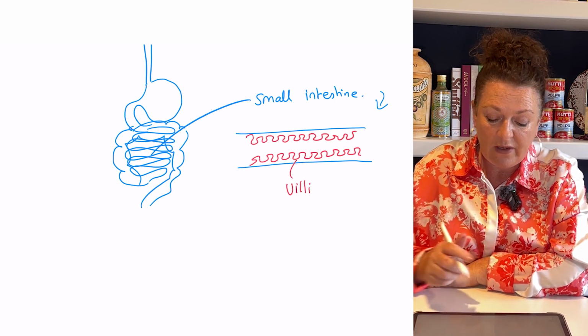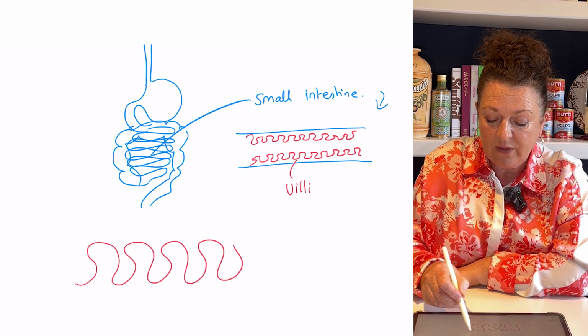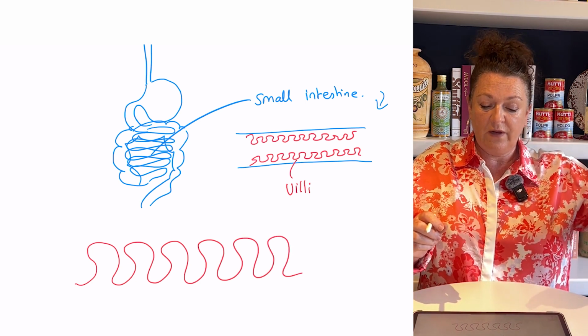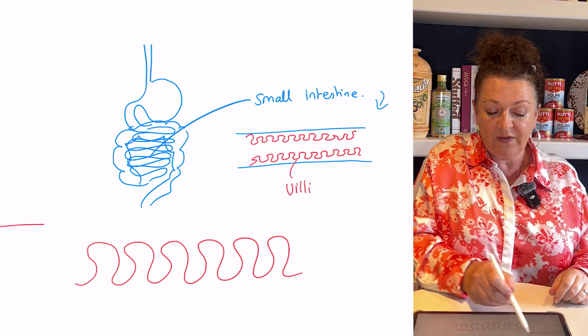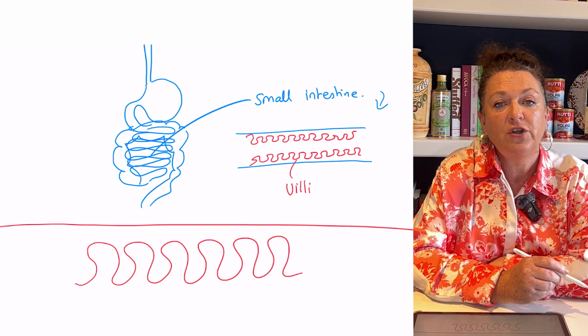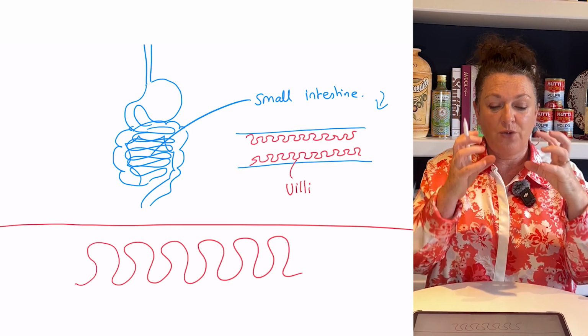And the thing about the villi is, because of the fact that they go up and down like this, if we were to straighten out the villi, you'd end up with this massive surface area. And the key function of the villi and the small intestine is absorption.